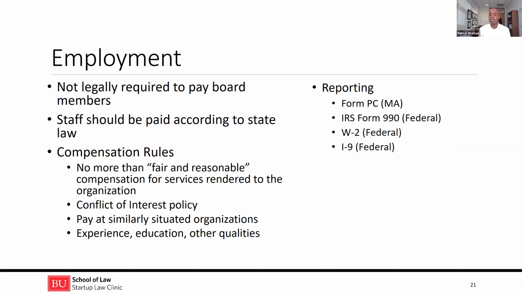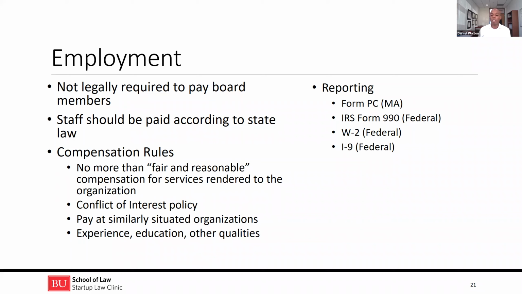The staff are the people who are operating on a day-to-day basis, like your executive director, or fundraising people or people who are running your programs. They are acting in an employee role, different than the board that is acting in an oversight capacity. So you'll want to make sure that staff is paid according to state law.